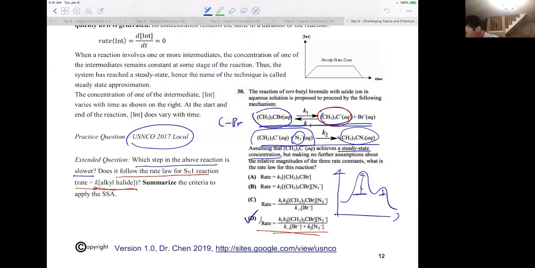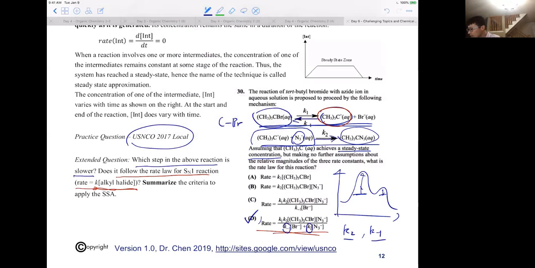Because first, if you compare these two values, which one is greater? k2 and k-1 probably are comparable, right? Because they are both making the products.